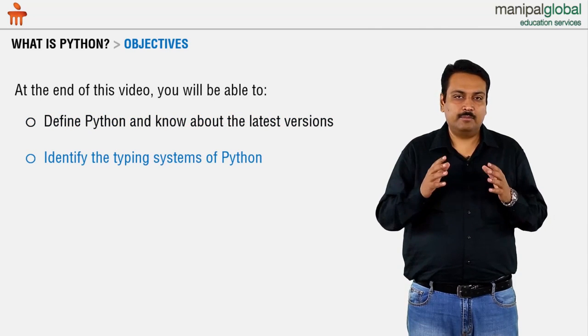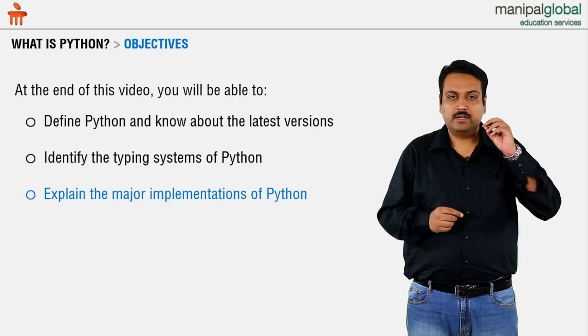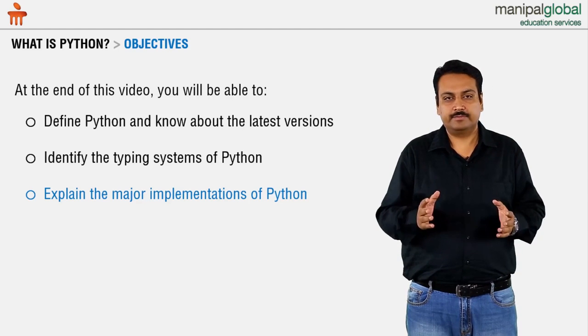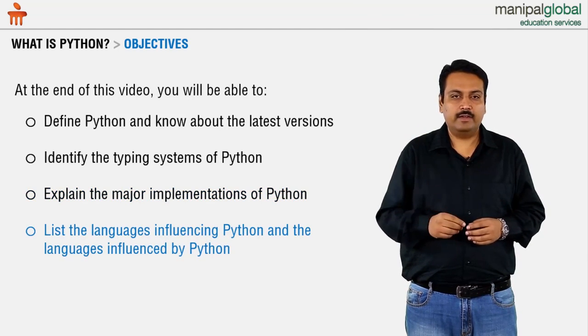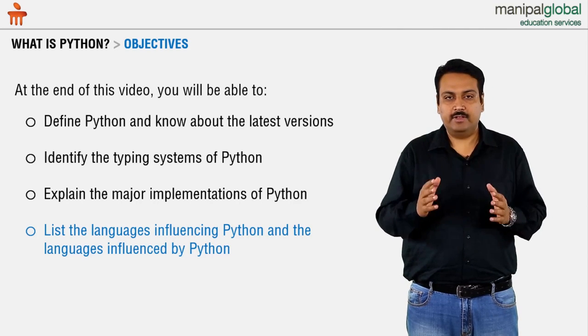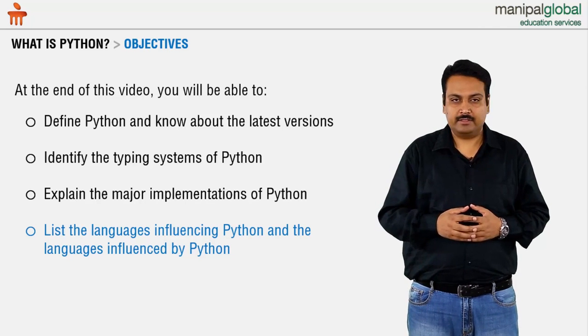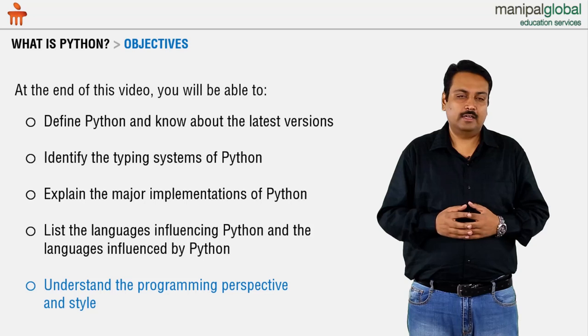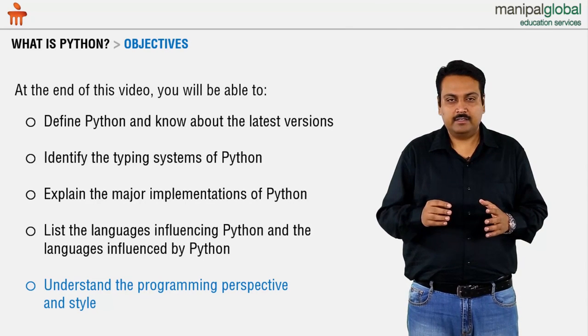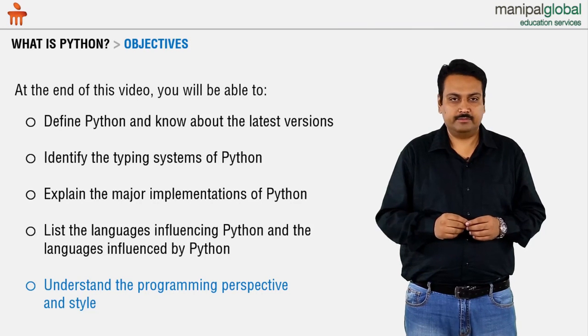We will identify the typing systems of Python. We will also look at some of the major implementations of Python. We will also identify the various languages that have influenced this language, as well as the languages that have been influenced by Python. And lastly, we will also understand the programming perspective and style of Python.